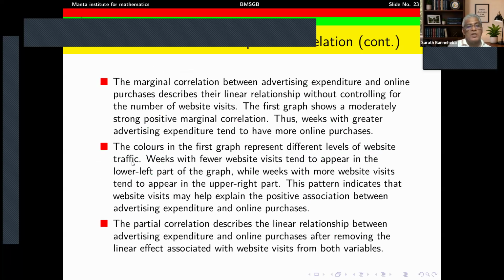Right. So the partial correlation describes the linear relationship between advertising expenditure and online purchase after removing the linear effect associated with website visits from both variables.